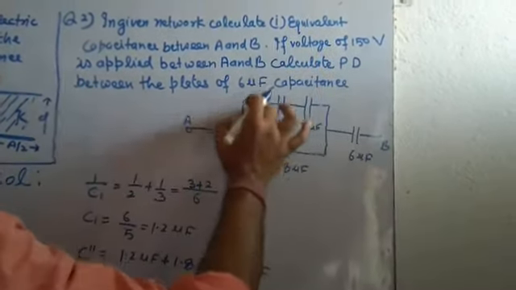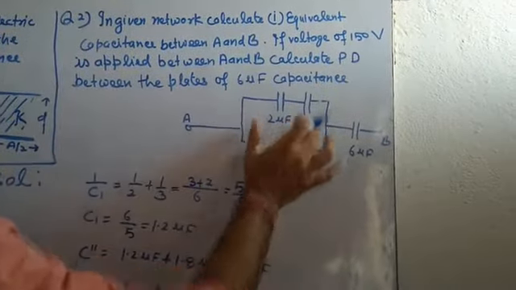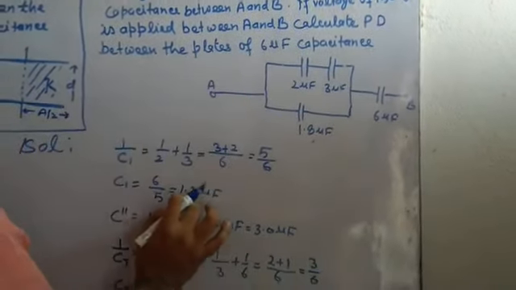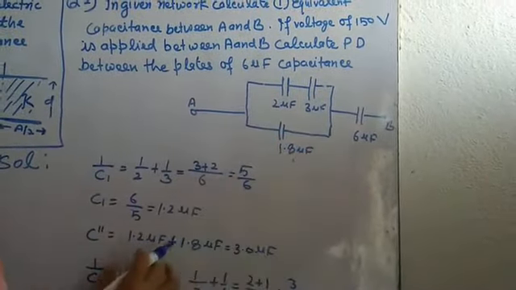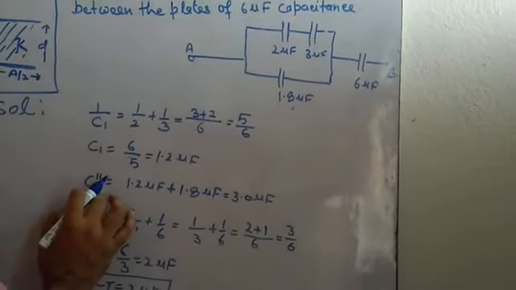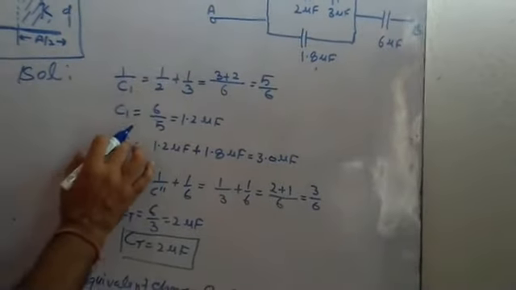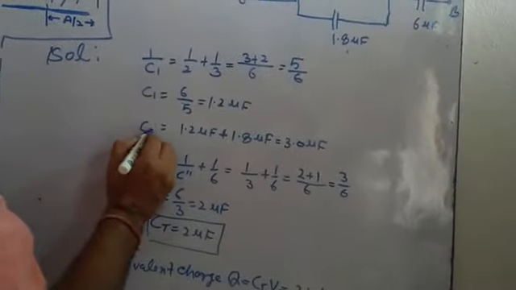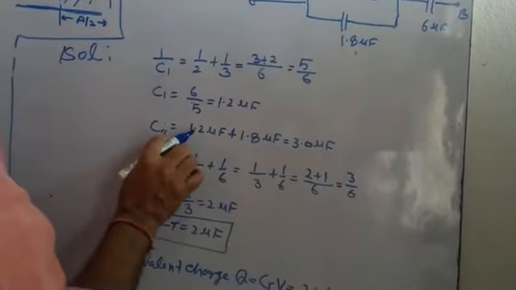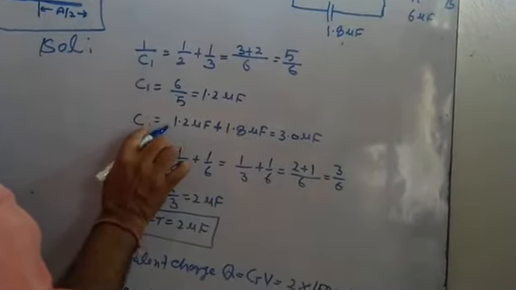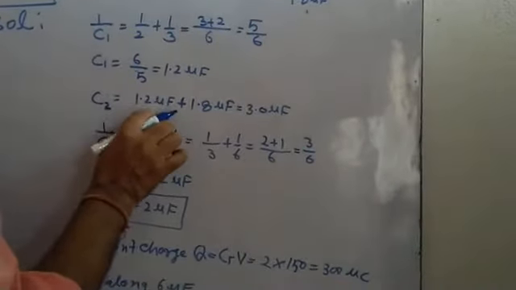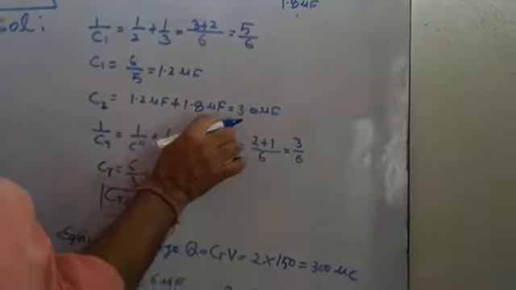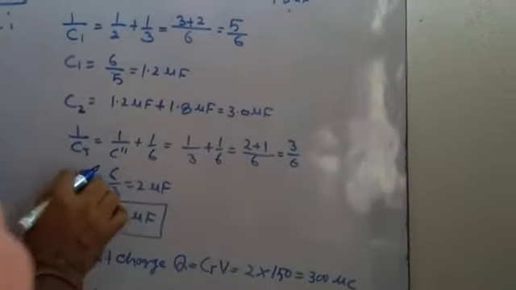This 1.2 C1 and this 1.8 are in parallel combination. Therefore, C2 equals 1.2 microfarad plus 1.8 microfarad, 3.0 microfarad.